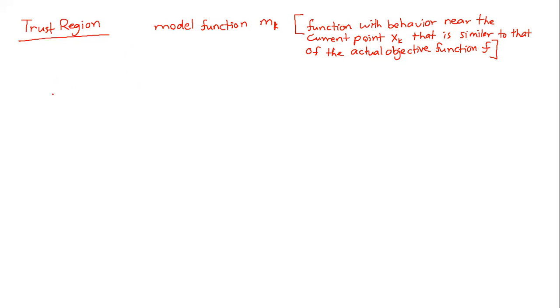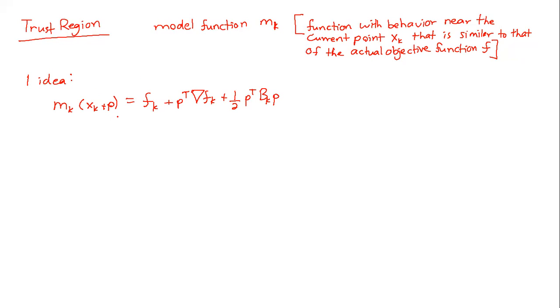So one idea is to use some type of quadratic function. So one idea is something like mk at a point xk plus p is equal to fk plus p transpose del fk plus 1/2 p transpose Bk p.